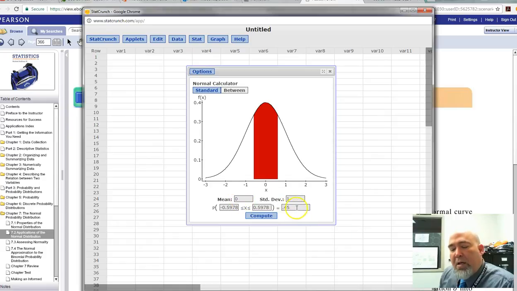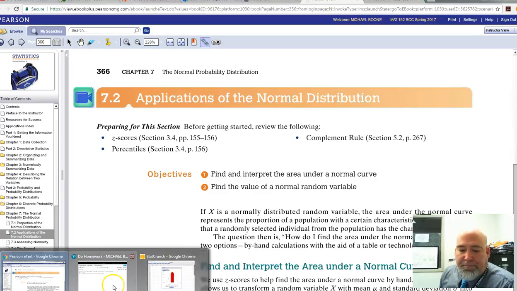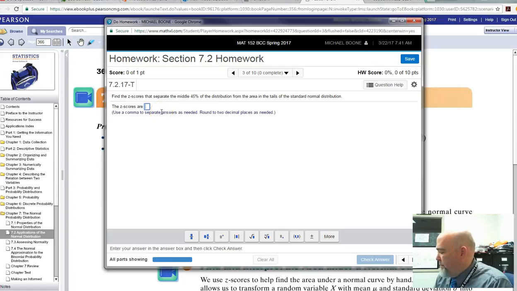So again, your area underneath the curve or the probability or proportion goes in that bottom right. So I get negative 0.60 and positive 0.60. Those numbers should match when we look at them. And so the middle 45% is negative 0.60, comma 0.60.